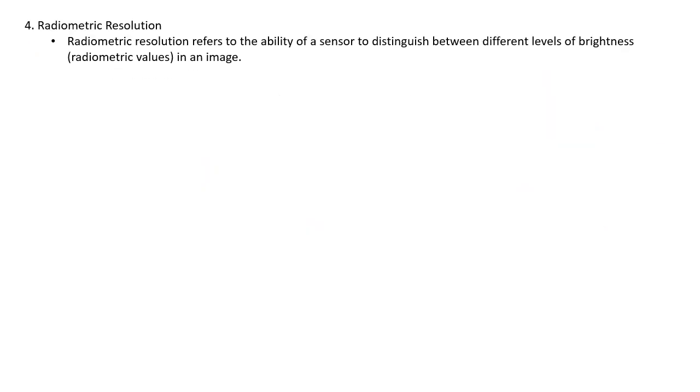Okay. The next is the radiometric resolution. Radiometric resolution is, suppose there is a band here and one band, this is the any area here. And in this area there will be values, low values and high values.